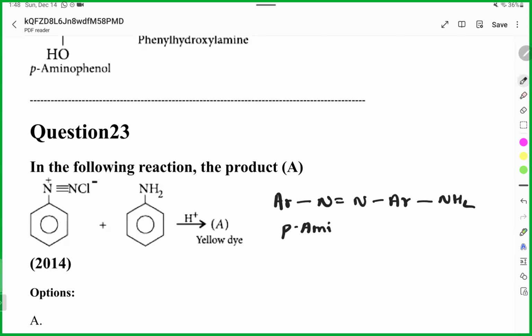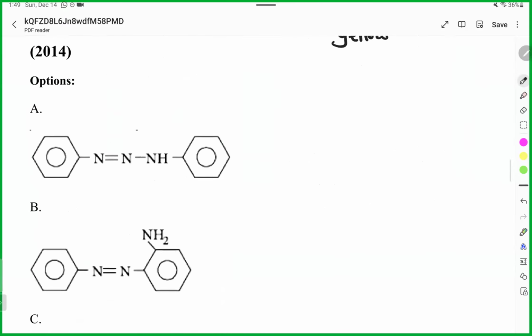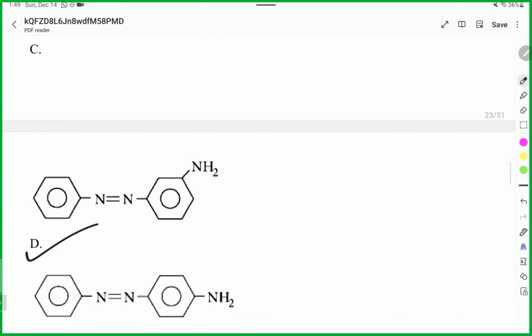Para amino azobenzene. Azobenzene is yellow in color. If it is orange in color, then it will be OH here instead of NH2. So no need to see the options. Correct?